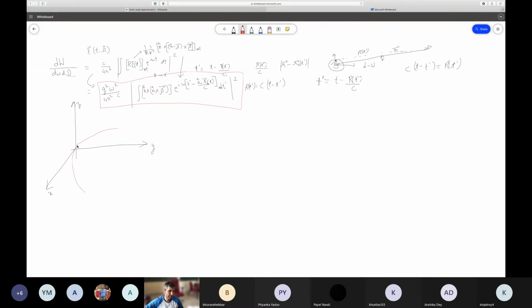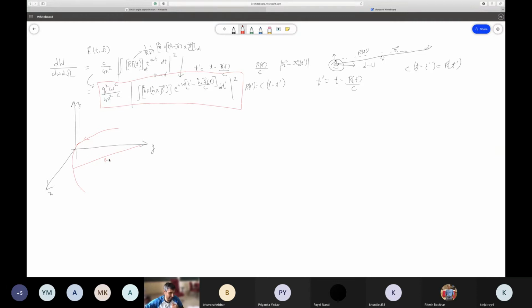The particle is moving on a curved path, and it has a radius of curvature, which is given by a. Instantaneously any curved path can be approximated by a circle for a short distance.